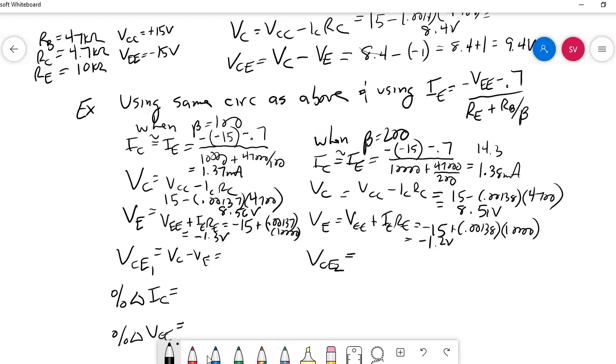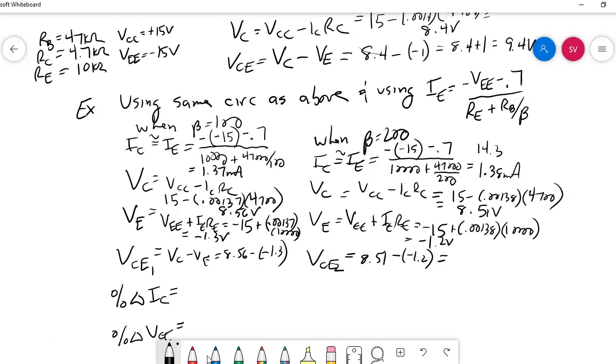My VC is 8.56 volts minus negative 1.3. Here, it's going to be our VC of 8.51 minus a negative 1.2.